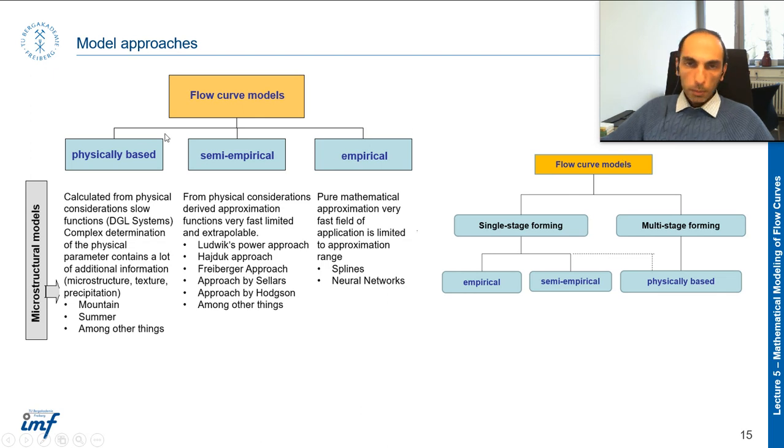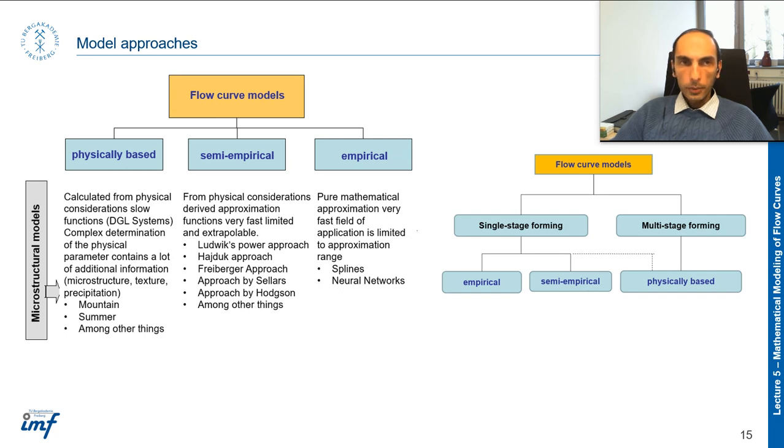So based on what we have defined here, for single stage forming and multi-stage forming, in both you can use physically based models or semi-empirical or empirical models, based on the material you have, the data you have, and what is important in your modeling.